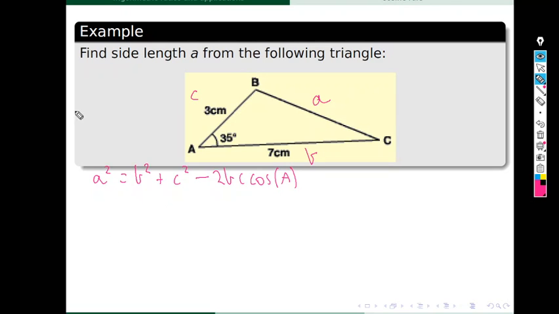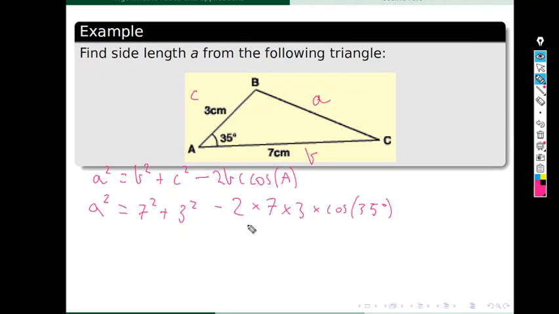Now it's just a matter of subbing things in. So a squared is going to be 7 squared plus 3 squared, take away 2 times, we got 7 times 3 times cos of 35 degrees.